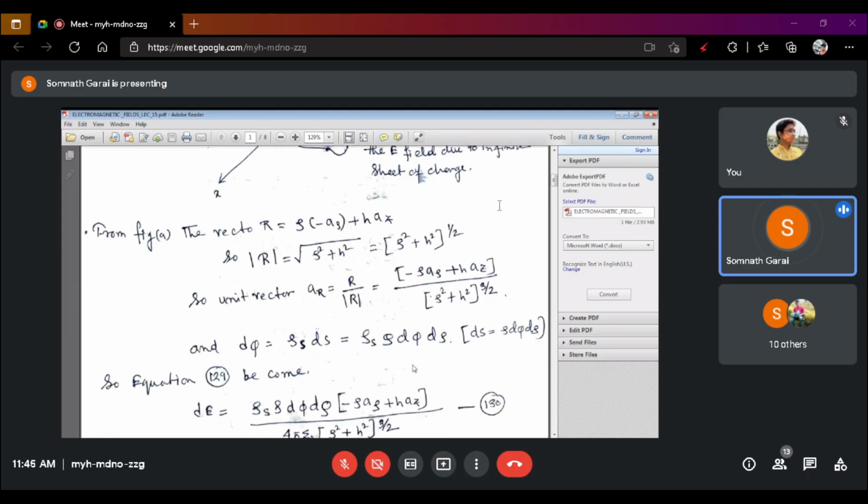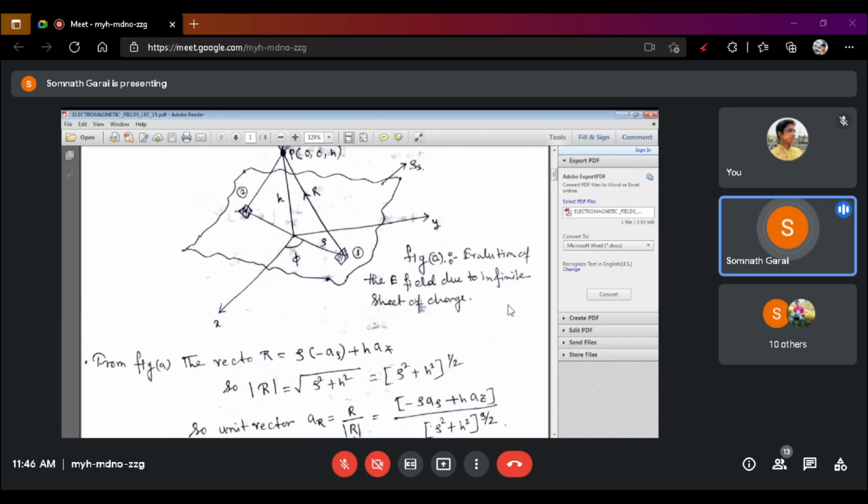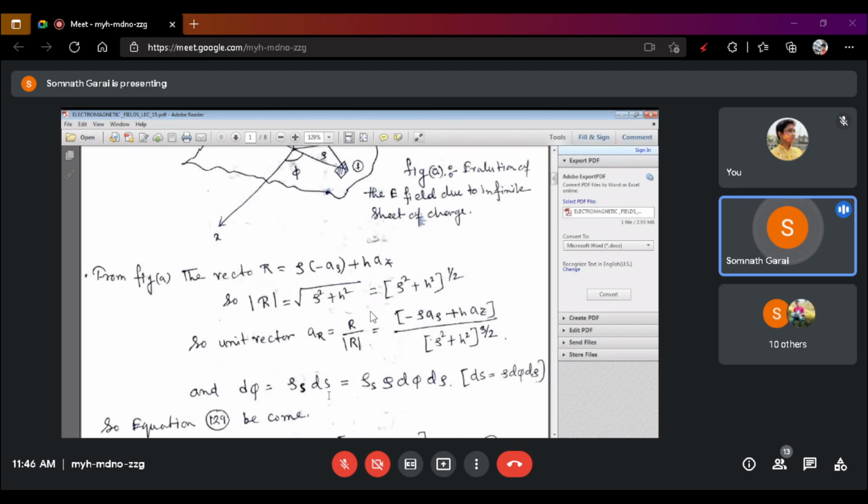Now the differential charge dq we express as rho into ds.